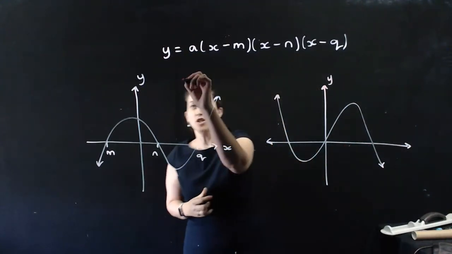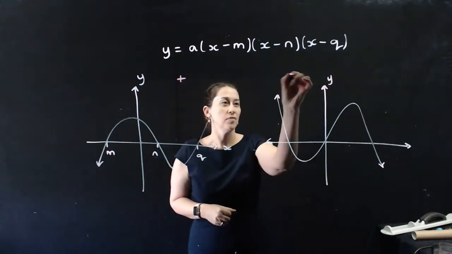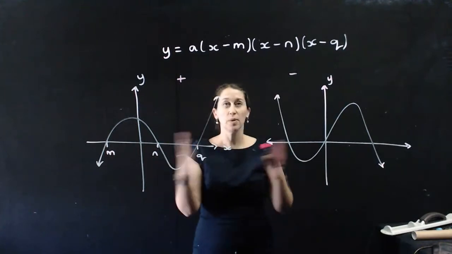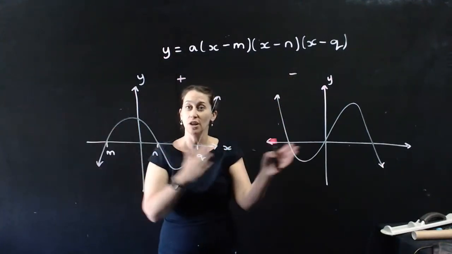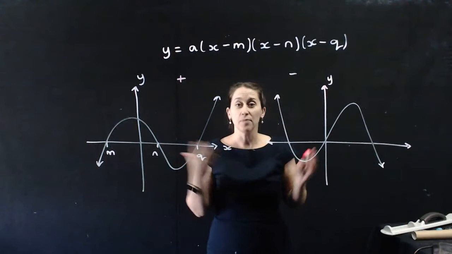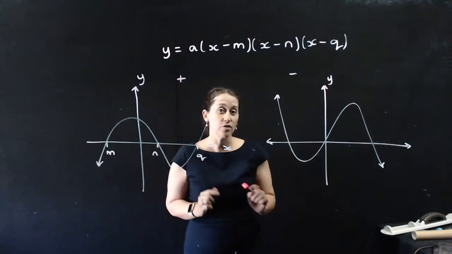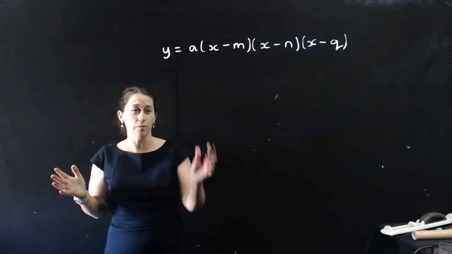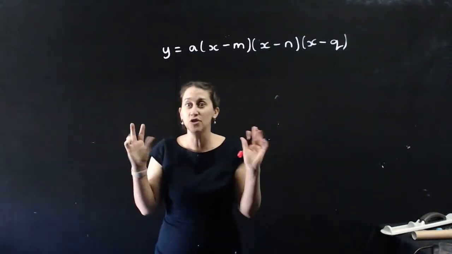Now, as long as you know this is what a positive one looks like and this is what a negative one looks like, once you've found your roots, obviously it will depend what they are as to where this is shifted along, and your y-intercept, that's all you really need to do for a sketch of anything in this particular form.